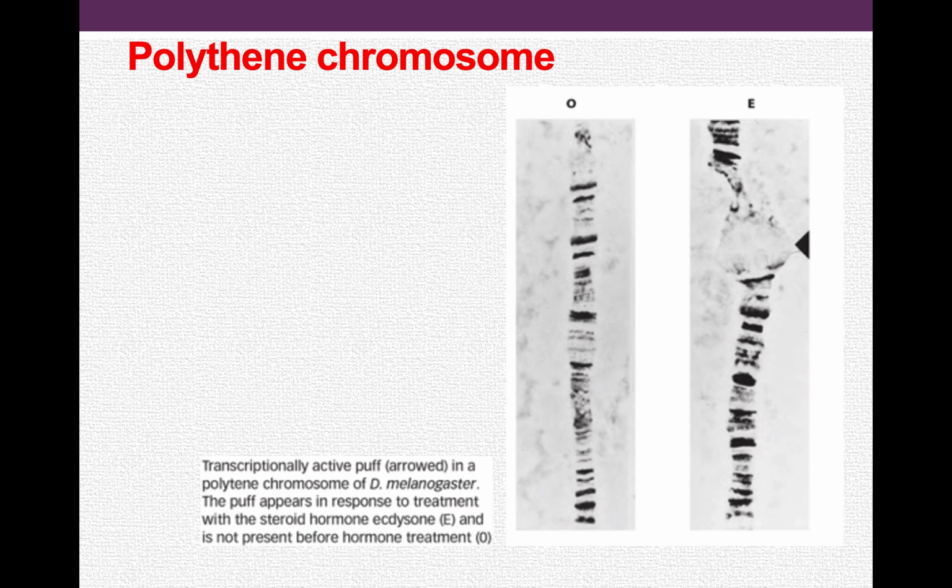So you know that a lot of transcription has occurred over here. So this is also, of course, a direct observation, direct visualization of the transcription occurring. It's just that if you were to measure the rate of transcription to really quantitate it, then you need to apply either the pulse labeling or the nuclear run-on assay.